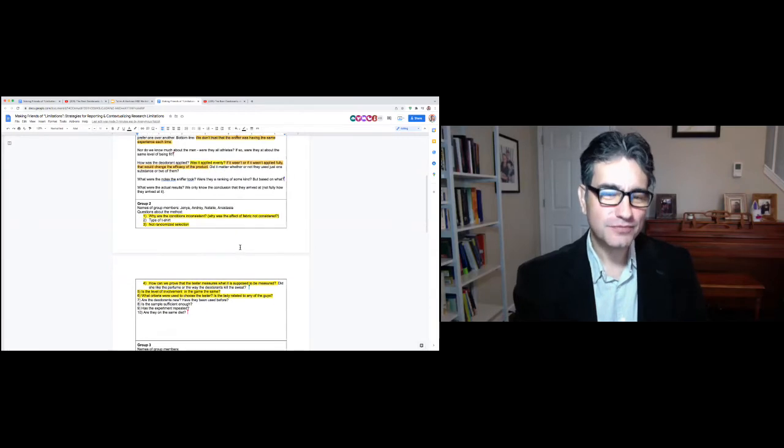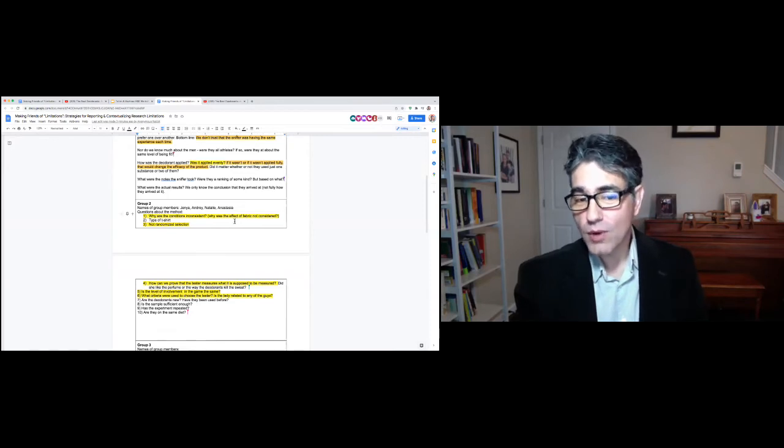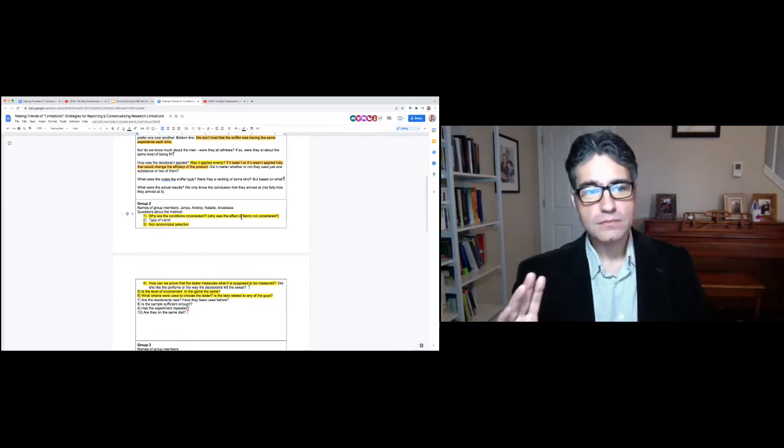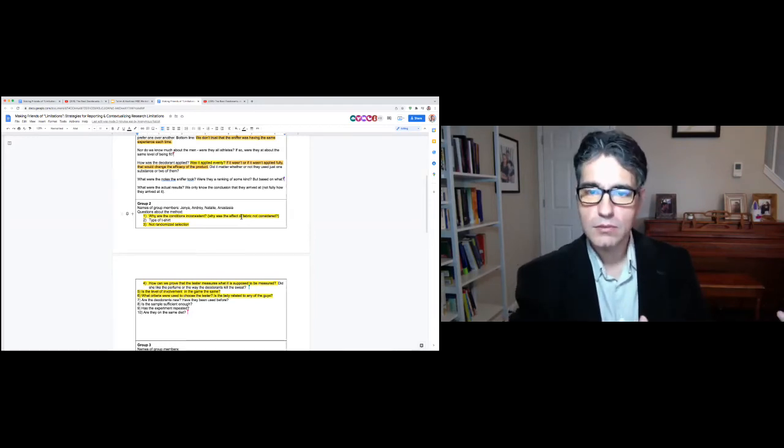Group 2. Why are the conditions inconsistent? For example, why was the effect of fabric not considered? Exactly. So you had in some cases a person wearing a particular kind of cotton fabric, another person wearing maybe something that was more of a synthetic fabric.